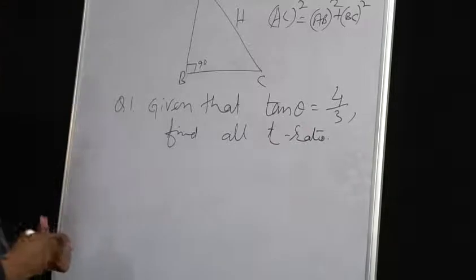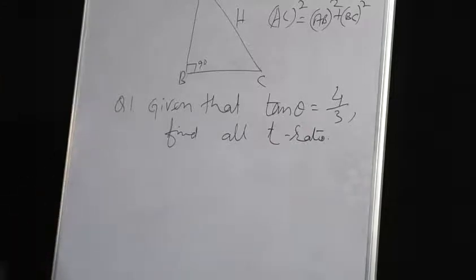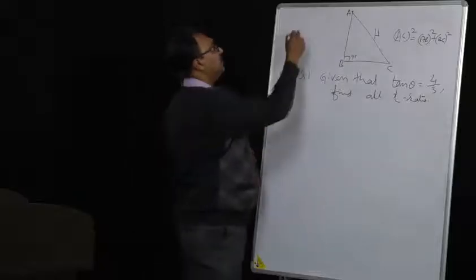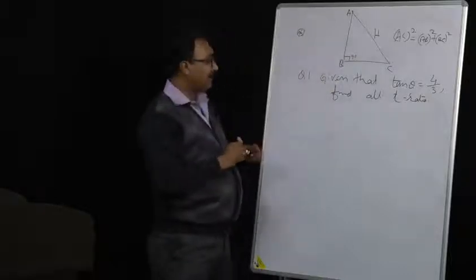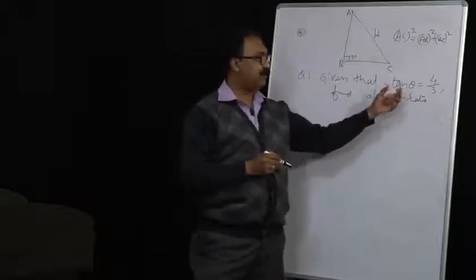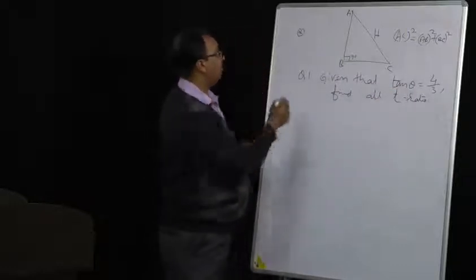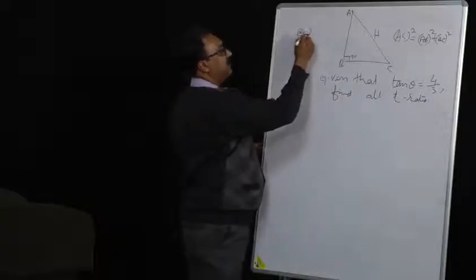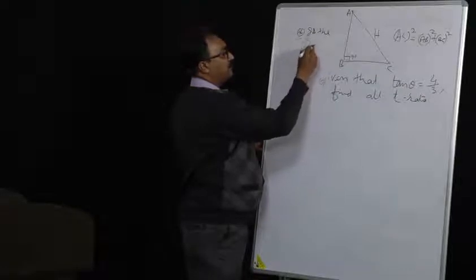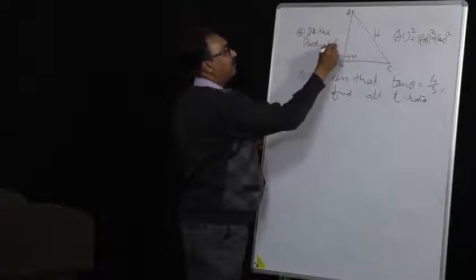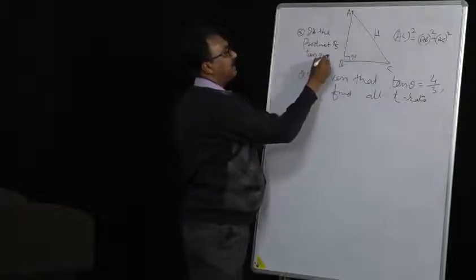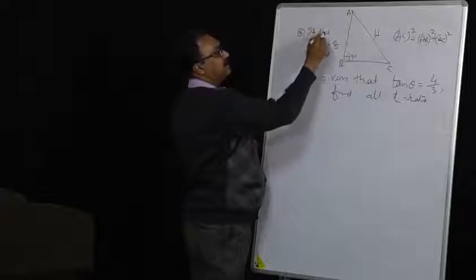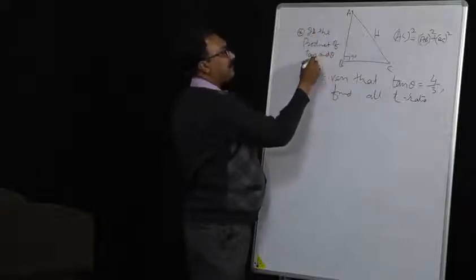Before you go to the problem, I'll give you one little instruction about sine theta and the others. If anyone asks you what sine theta, tan theta, cos theta actually are, are they products?